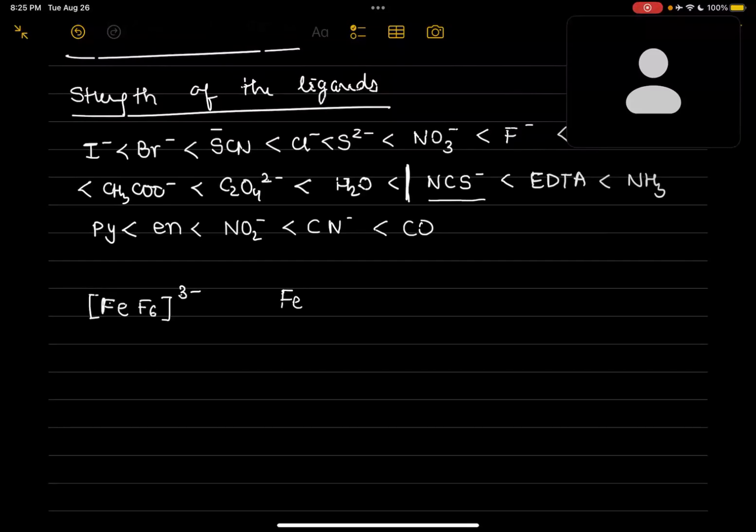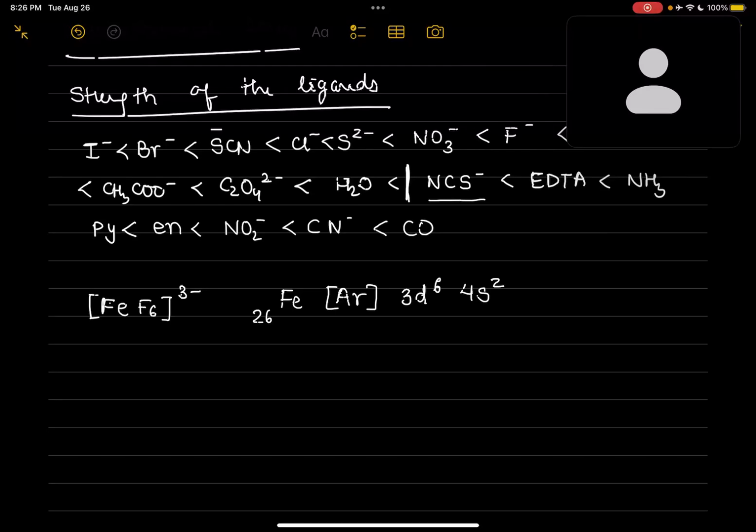Fe is the 26th element. I told you how to remember the electronic configuration. 26 means 2 and 6, which means 4s2 and 3d6. Is it clear? Nickel is 28, so 2 and 8: 2 in the s and 8 in the inner d. Is it clear or not?